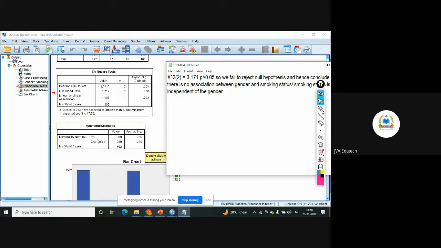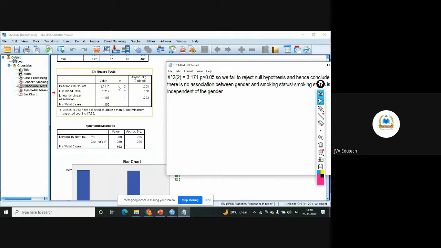When to look for phi? When you have an equal number of categories in both the variables. When to look for Cramer's V? When you have different numbers of categories in your variables, like the 2 by 3 we had in our case. So chi-square tells you whether there is an association or not, and phi and Cramer's V tell you the strength of the relationship, if it is there.